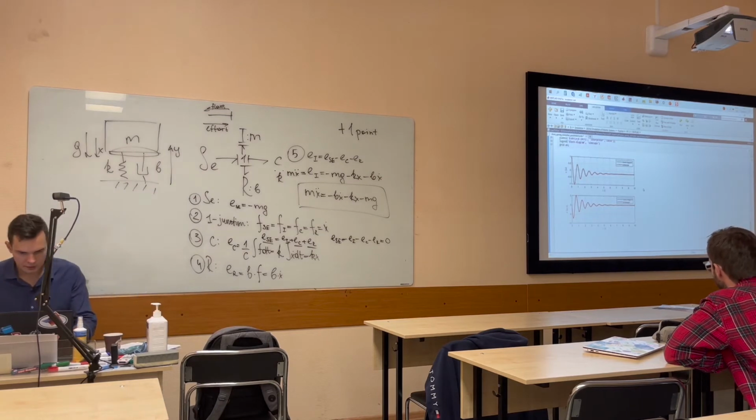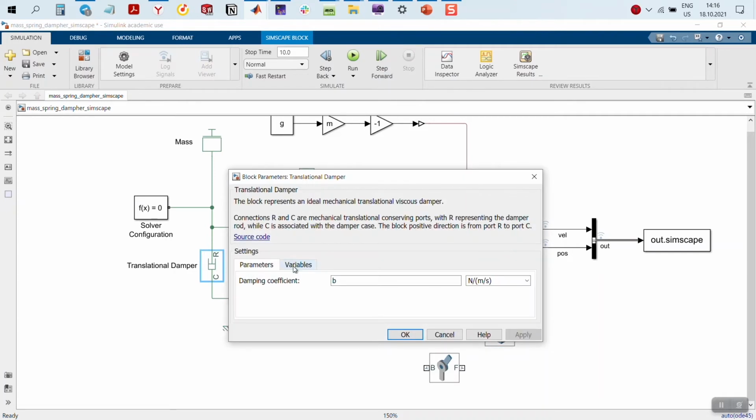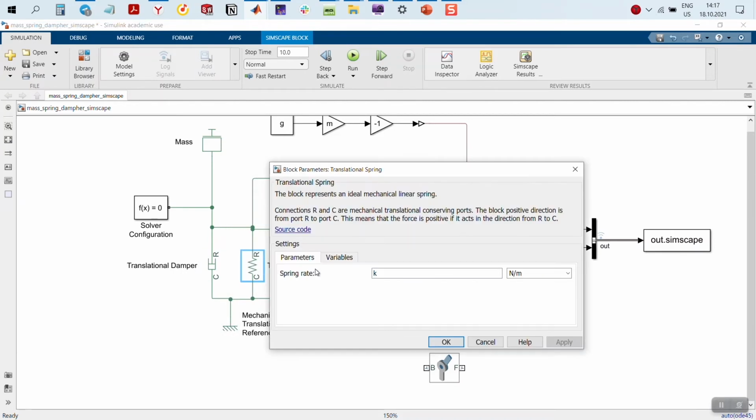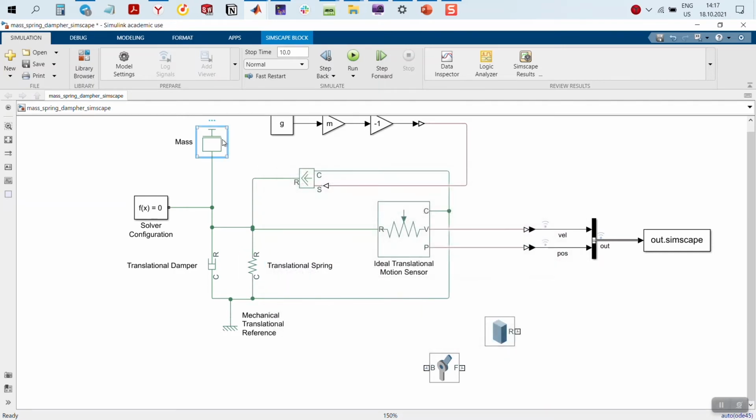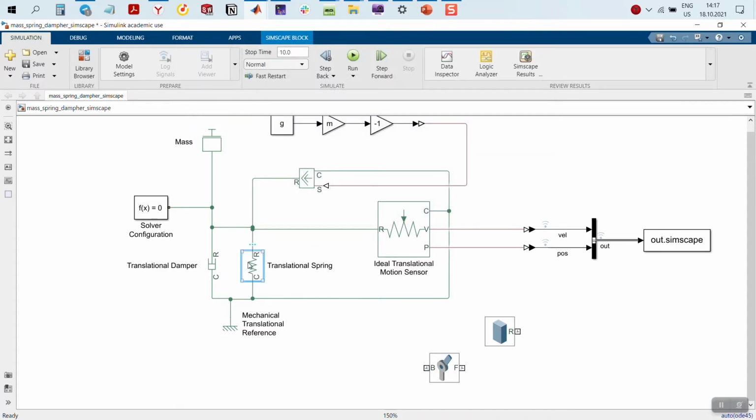All right, so I believe that this one is pretty obvious. So just iconic representation of something that you have in your system, and there you can just write down the coefficient that describes the behavior. For example, coefficient of stiffness, coefficient of damping, mass, maybe initial configuration, it is in spring.